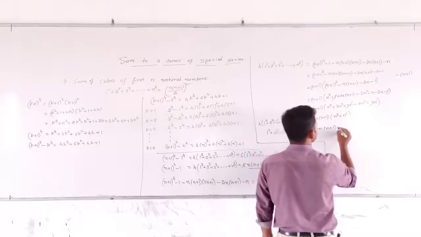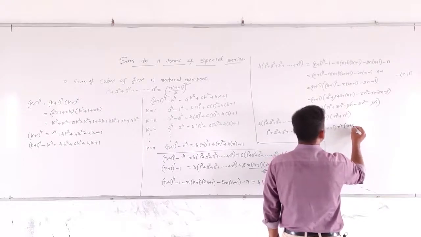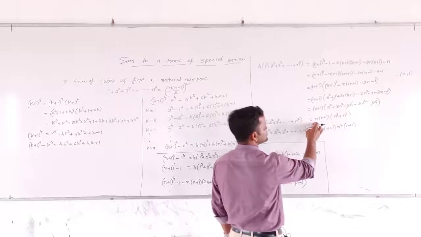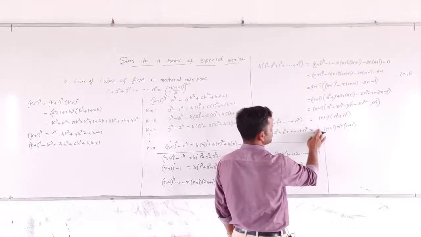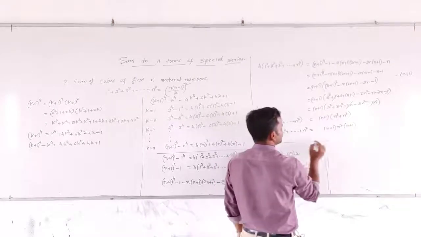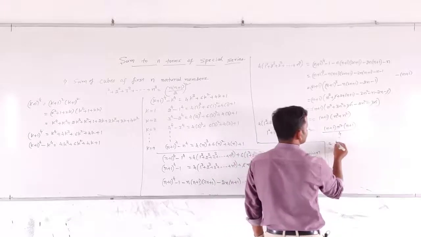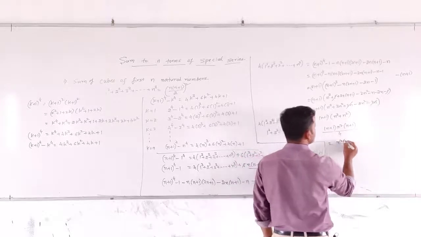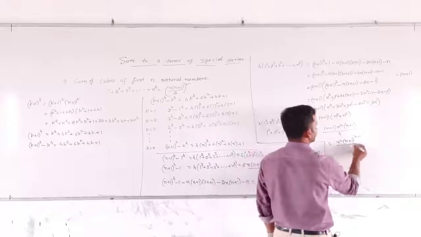Common is n square here. n square into (n plus 1). Sorry, here this n I wrote extra. n is not there here. n plus 1 into. Sorry, this is n plus 1 into. Fine. 4 I am taking to the right hand side, divided by 4. This becomes n square, this n square as it is, n plus 1 into n plus 1 is nothing but (n plus 1) whole square divided by 4.